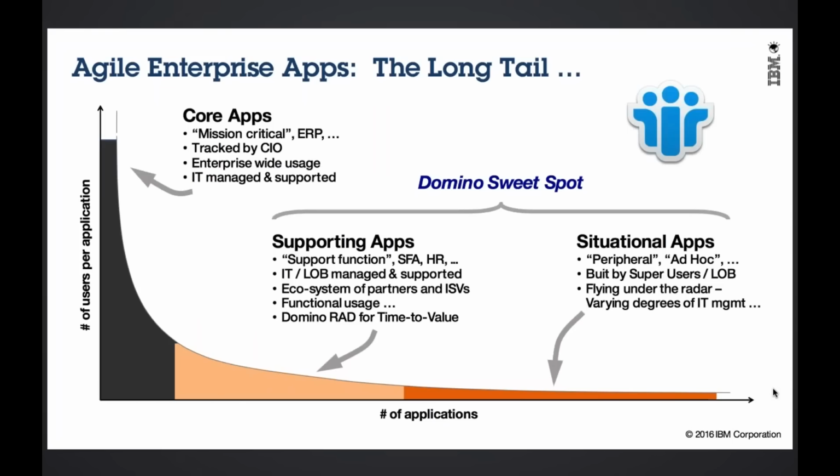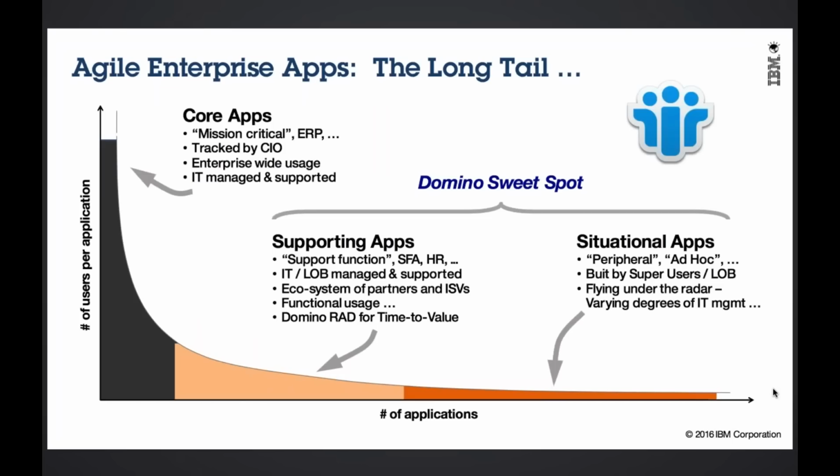And this is where we try to say that the sweet spot for Domino is not building your mission-critical accounts receivable applications. It's not necessarily doing the tweaking of a macro, but it's this whole spectrum of things where you share something with a number of users or have something for a specific line of business or a specific department that needs something done.